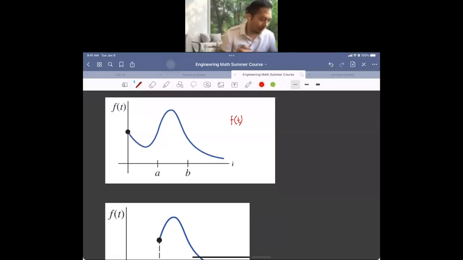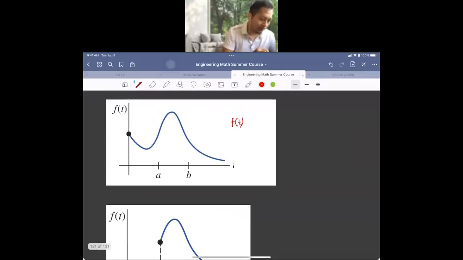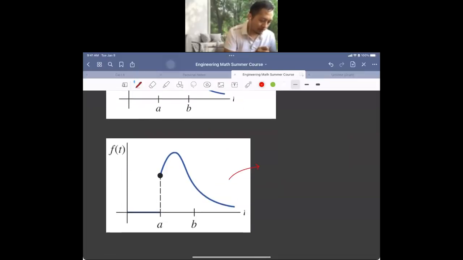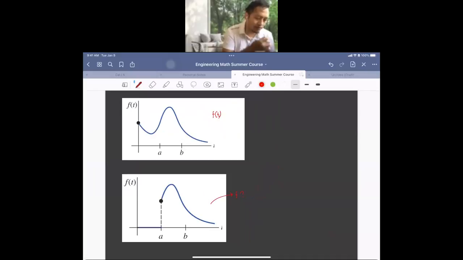Now there is a second picture that slightly changes the graph, but you can see that it's actually the same f of t, with the graph changed a little bit. The question is, if this is f of t, then what is this function? Please think and look at these two differences. What is the difference?